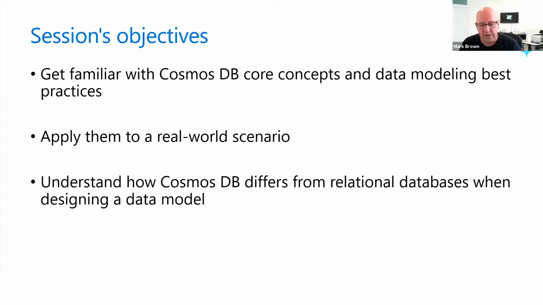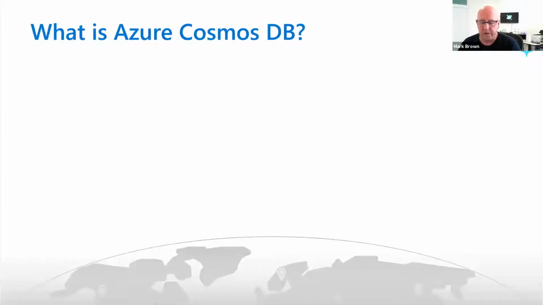And hopefully you'll understand the differences between these two types of database, because understanding these concepts in modeling and partitioning is going to help you better understand the service and understand how you can design for it, making Cosmos maybe a possible database for upcoming projects.